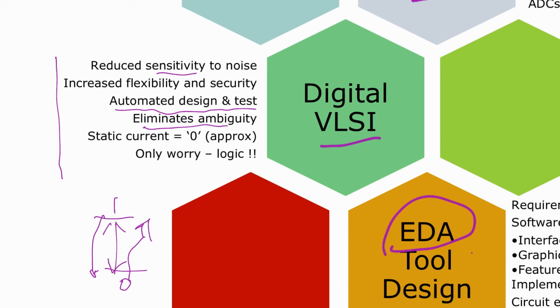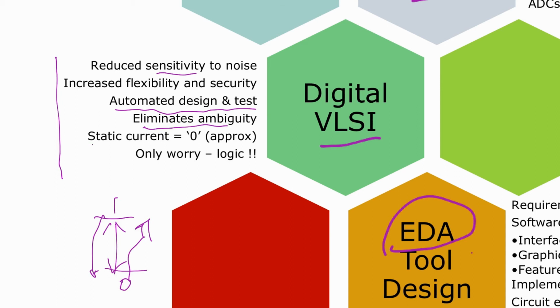Analog design might work very well in simulation, but when we fabricate things, we see a lot of ambiguity because of small changes, because of noise or cumulative changes through the circuit. So those cases do not apply for digital design. If it works in simulation, we can guarantee that it will work in real life also.